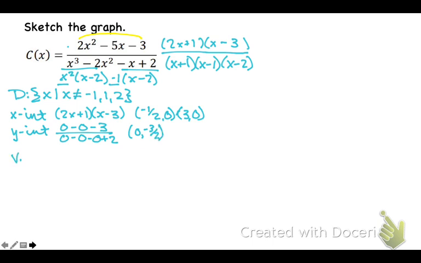Okay, vertical asymptotes is that denominator equal to 0. So x is going to equal negative 1, 1, and 2. And horizontal asymptote is, we've got 2 is less than 3, so it's going to be y equals 0.